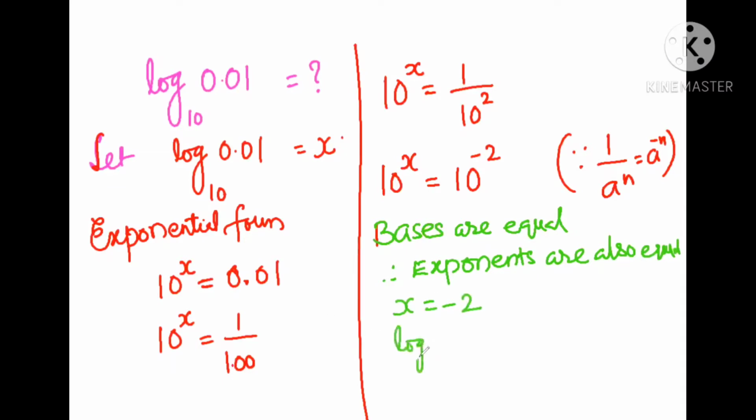Therefore x is equal to minus 2. So logarithm of 0.01 base 10 is equal to minus 2. Next, logarithm of 125 by 27 base 5 by 3 is equal to what?